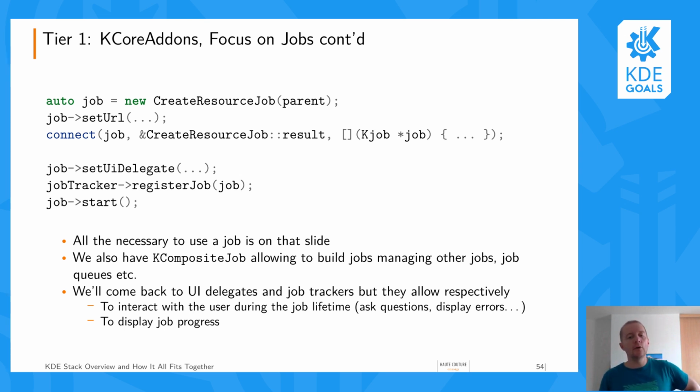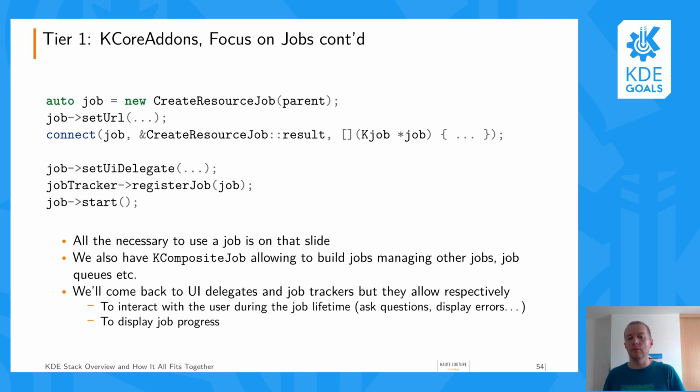And in that case, we have a concept that we call job trackers. There's no particular interface for those, but the basic idea is that we have an object somewhere, which is a tracker, we register a job to it, and now it will display something whenever the job state changes. So typically, if you look at KMail and you're checking your mail, you see in the status bar, there's some progress which is displayed.